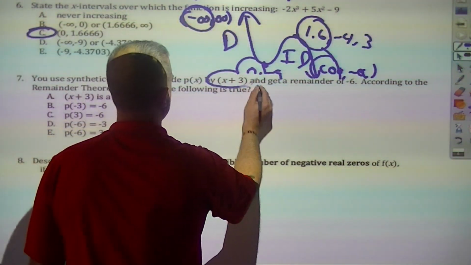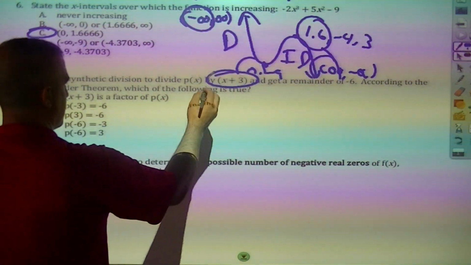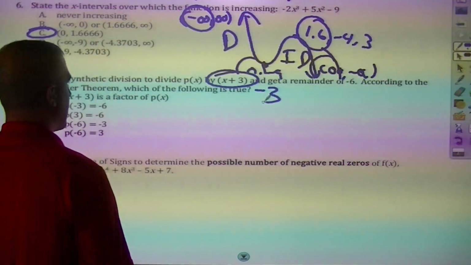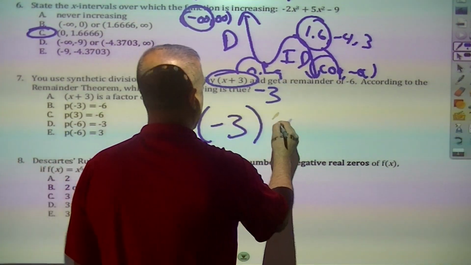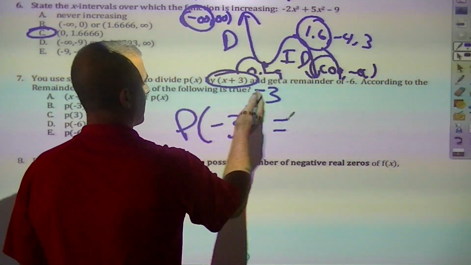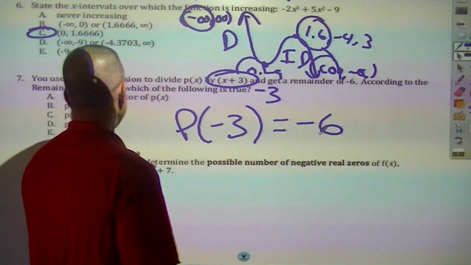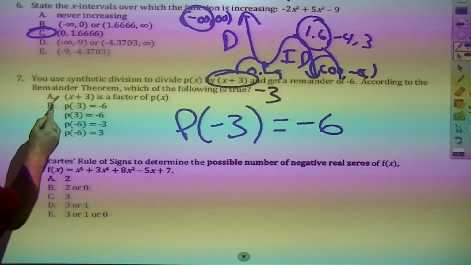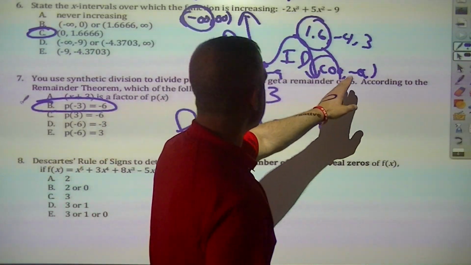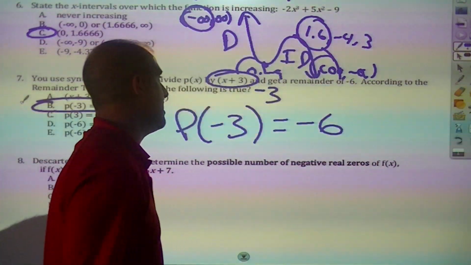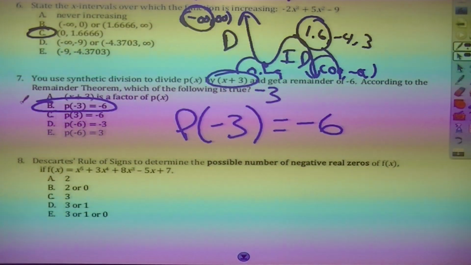Well, what that is going to be is I would be substituting in that. So what it basically means is if I evaluate this, whatever the result is, that's going to be that. So that's going to be letter B. So when you use synthetic division and you get a remainder of -6, that means that if you were to evaluate that function, that's what you would get.